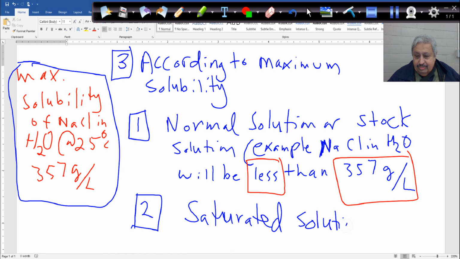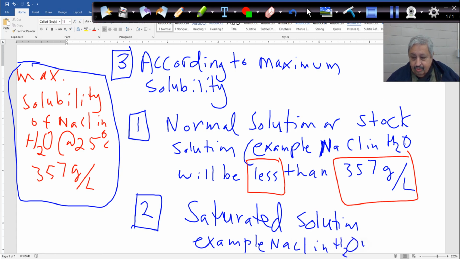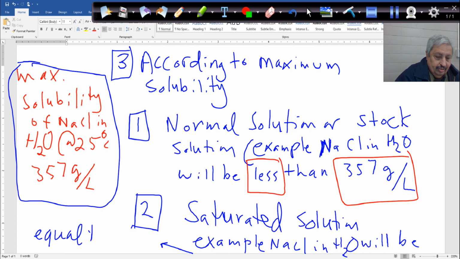So saturated solution, an example of this: sodium chloride in H2O will be equal to the maximum solubility.